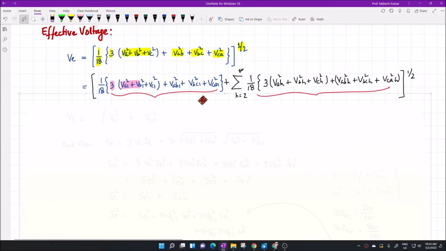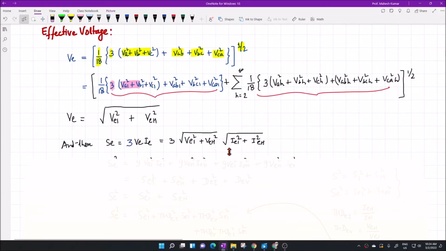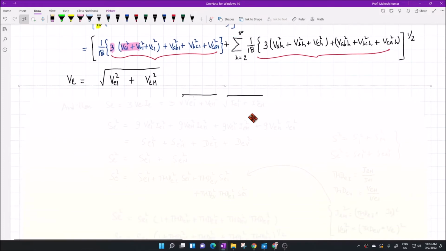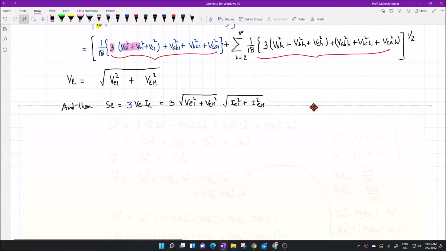And therefore, we can write this in terms of BE1 and BEH. So BE square is nothing but BE1 square plus BEH square. Previously, when we studied the three-phase unbalanced circuit without harmonics, this term will not be there.